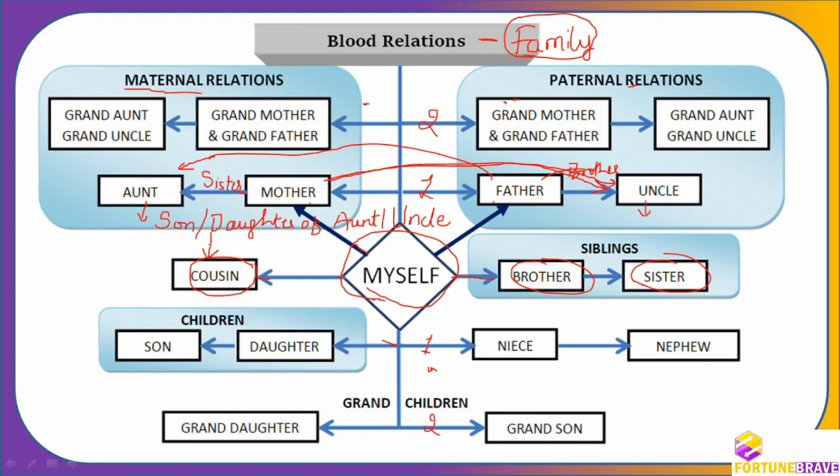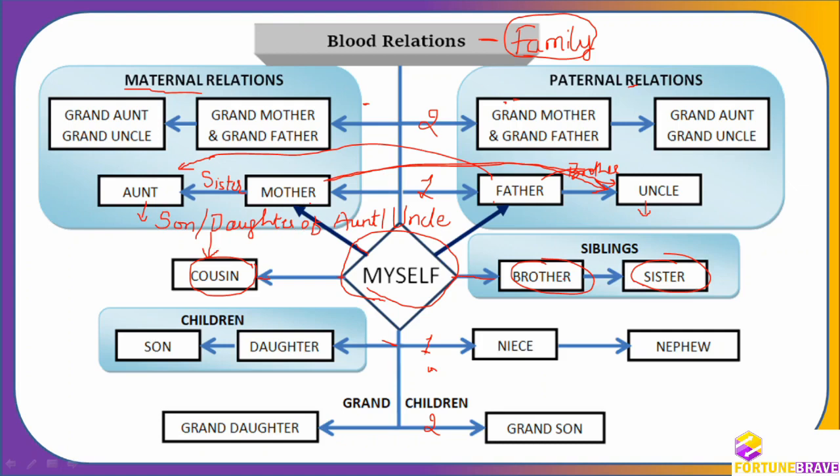But cousin is in your own generation. This you keep in your mind. This is where we get confused. Okay, cousin and niece and nephew we get confused. So keep it in your mind. Cousin is your same generation, your own generation. There is no difference. So cousin comes from your mother or father or their sister or brother. Is that clear? Son of, daughter of your aunt or uncle. Okay, so this is over.